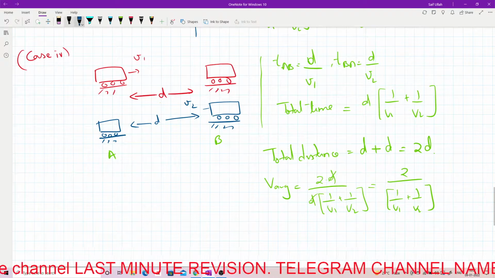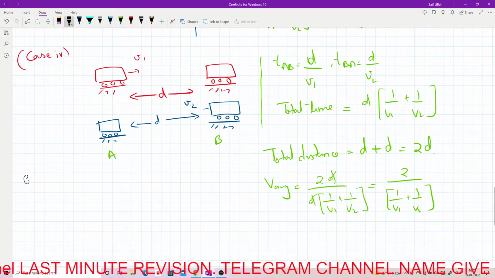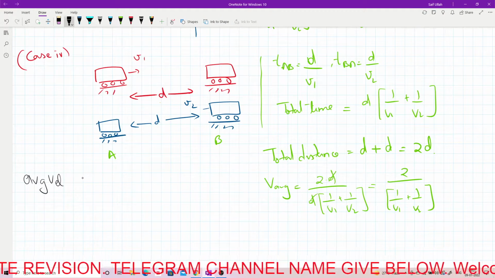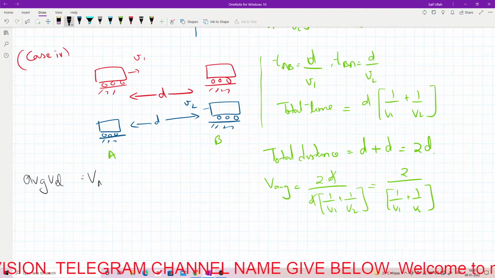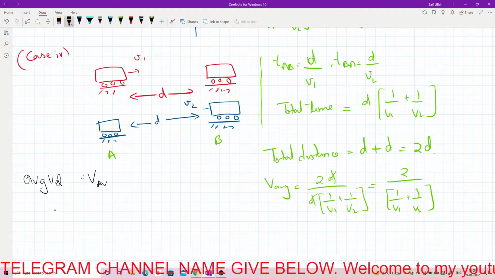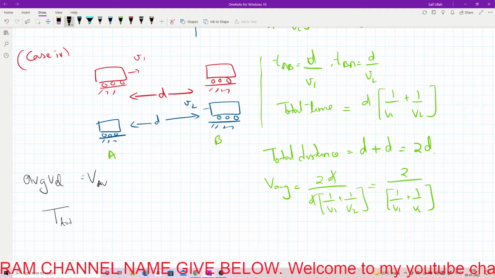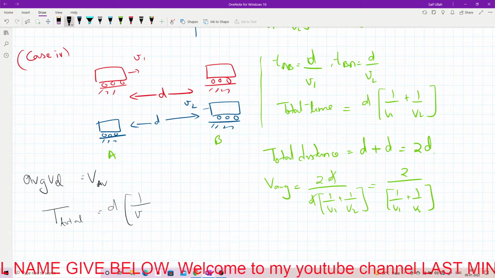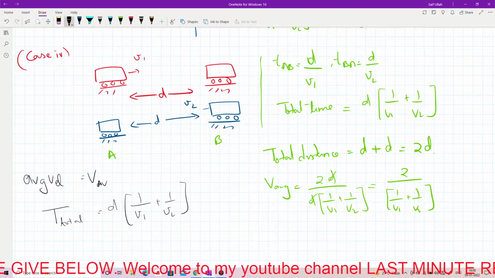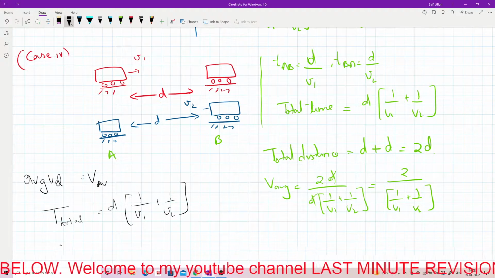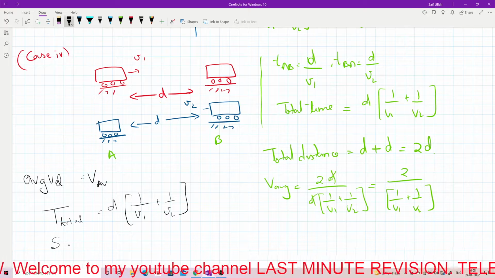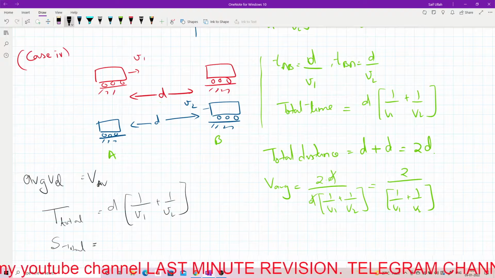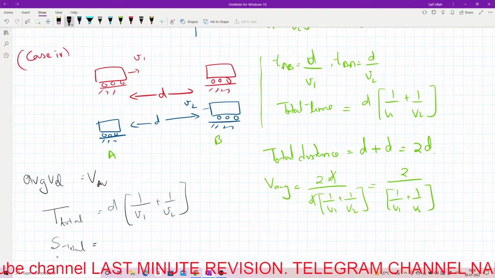The total time will be the same, but when you are finding the total displacement, as it is average velocity, you have to consider the direction.